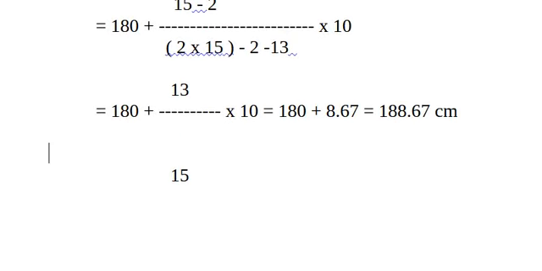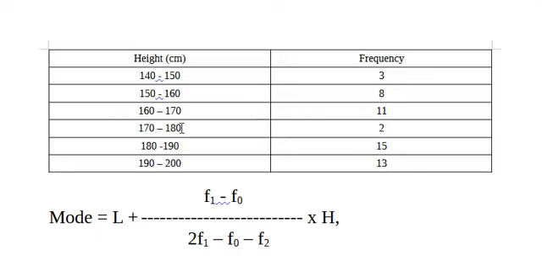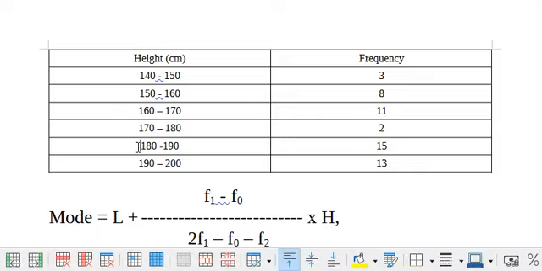So what decision can we reach from this? Most of the candidates will have this height, 188.67 centimeters, and this height falls in the modal class 180 to 190.